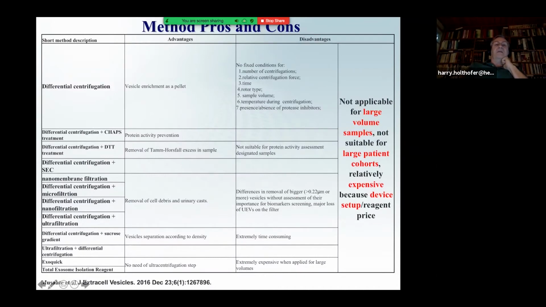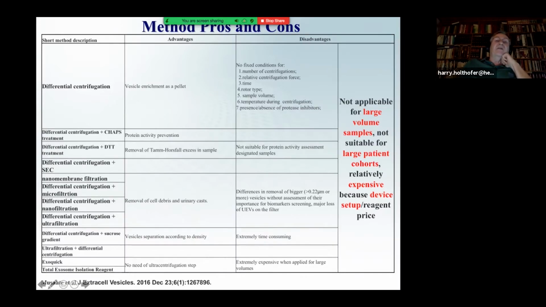And something that we did a couple of years back with Luca Musante during my time in Ireland: we were working to really put together all the methods that were used at that time, and compare the pluses and minuses of each of these. And you can see that we considered quite a bit of these different methods in combination with differential centrifugations.